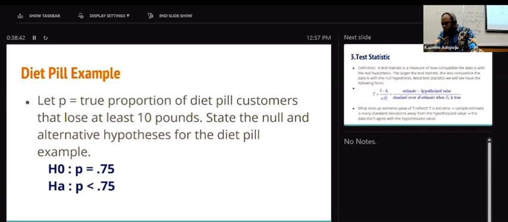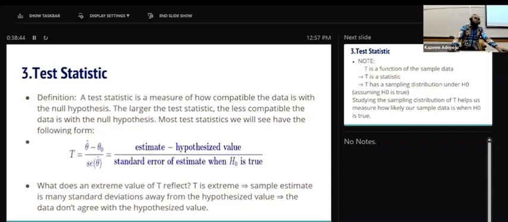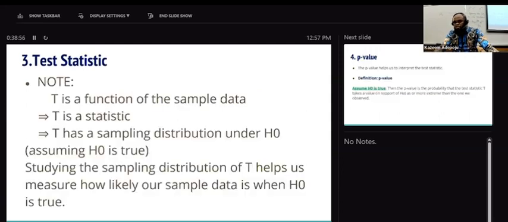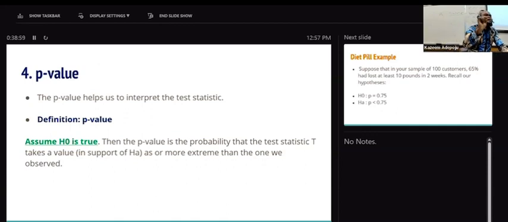Okay. Now, we need a test statistic. The test statistic is going to be the formula that we're basically going to use. And the moment we get a test statistic value, what we can actually do is to obtain a p-value associated with the test statistic value.